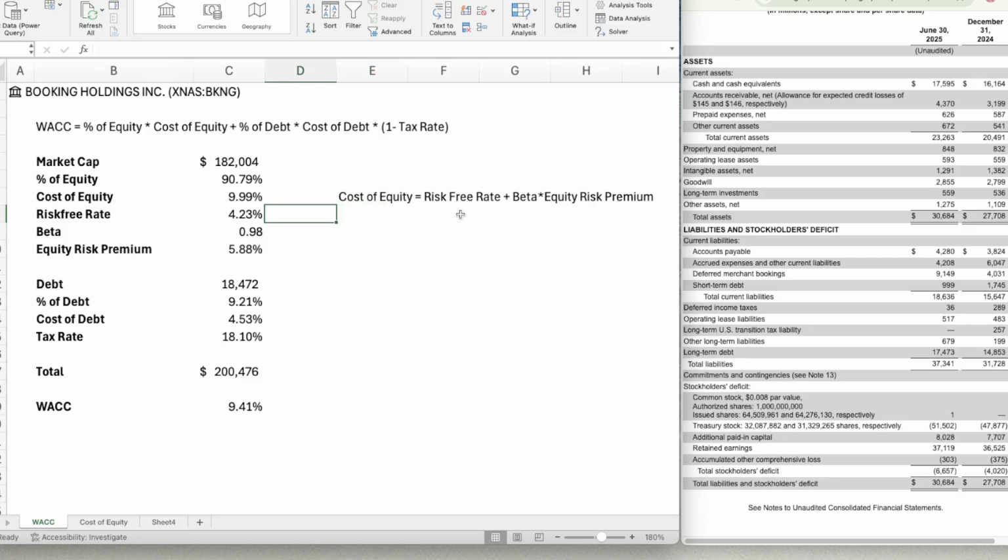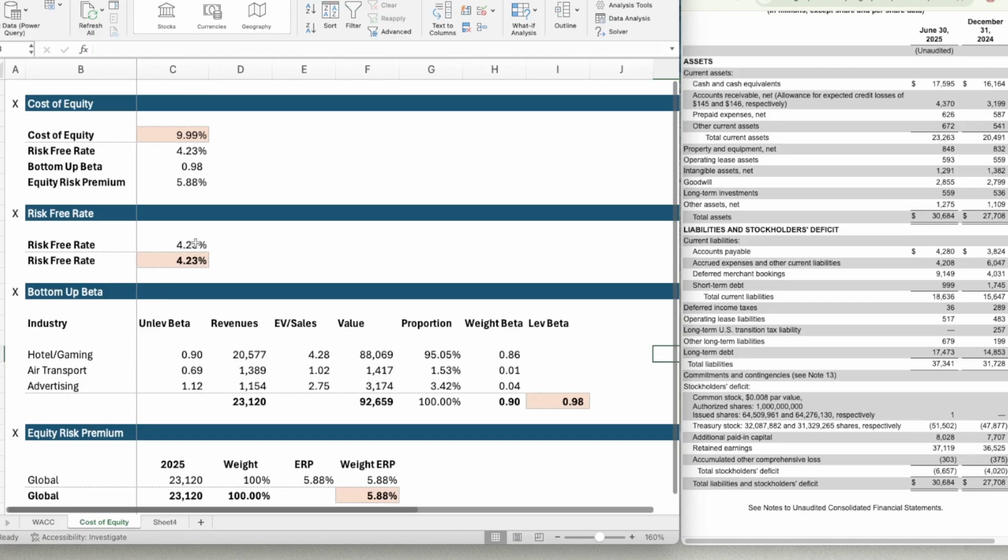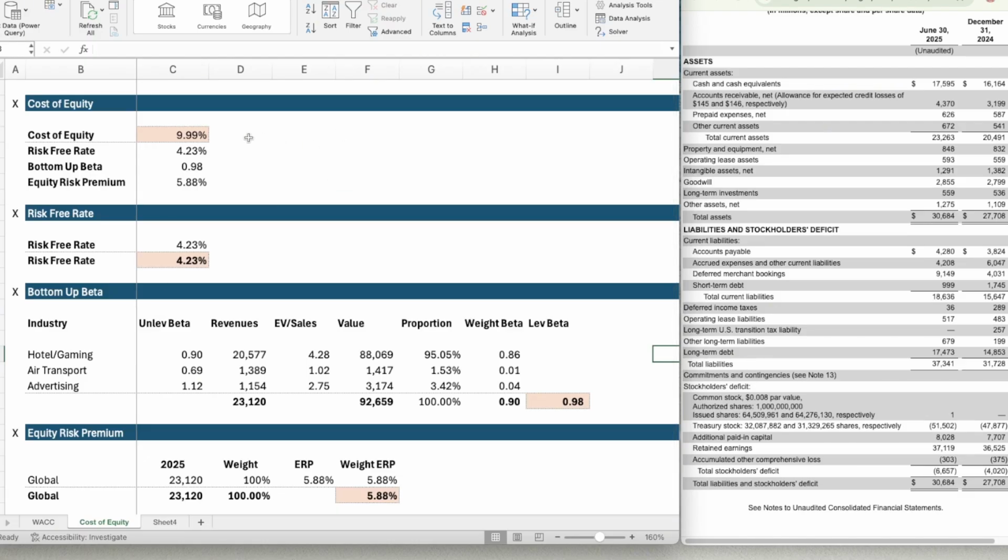So we'll build the cost of equity in this format. We'll find out what the risk-free rate is, which is simple enough.